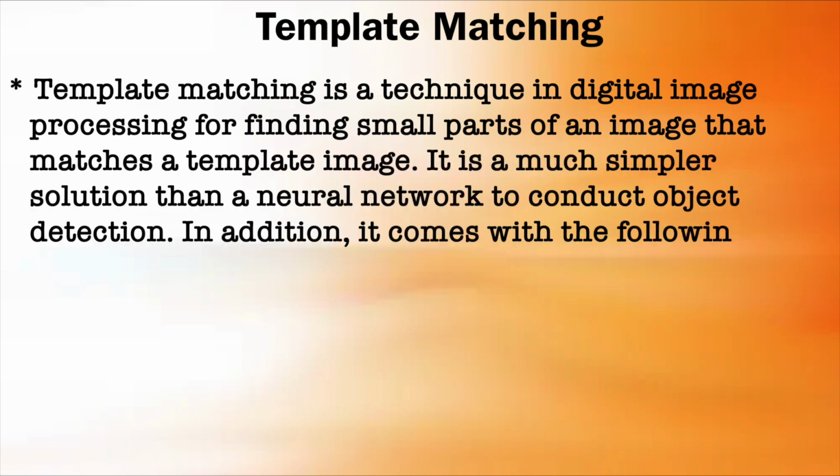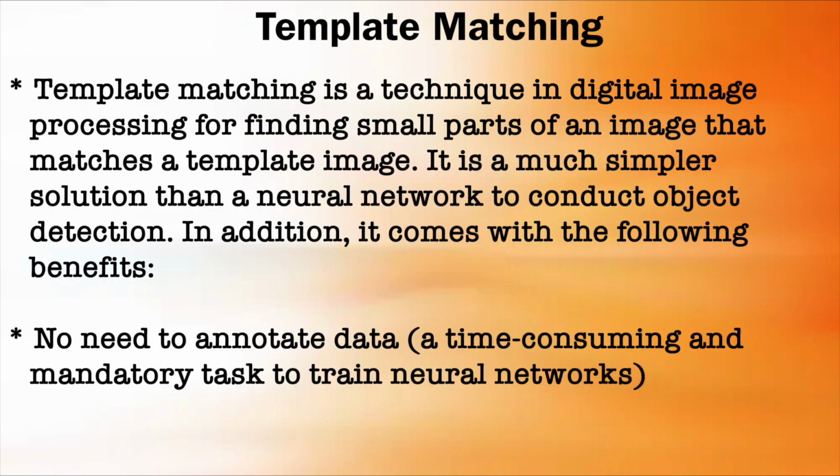Template matching is a technique in digital image processing for finding small parts of an image that match a template image. It is a much simpler solution than a neural network to conduct object detection. In addition, it comes with the following benefits. The first one is no need to annotate data, a time-consuming and mandatory task to train a neural network.